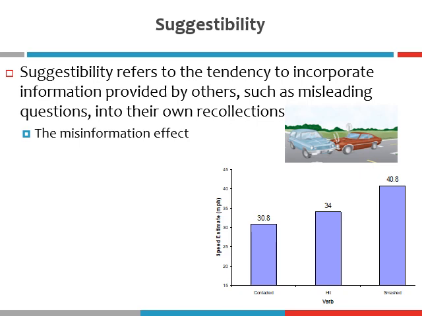And perhaps in the most striking case, 34 increased to almost 41 miles per hour when participants were asked to estimate how fast the blue car was going when it smashed into the other car, right? So what people are very clearly doing in this case is they're making an inference based on the verbiage used, right? And that's changing their recollection for the event, right?